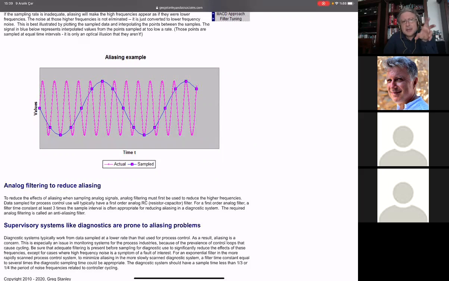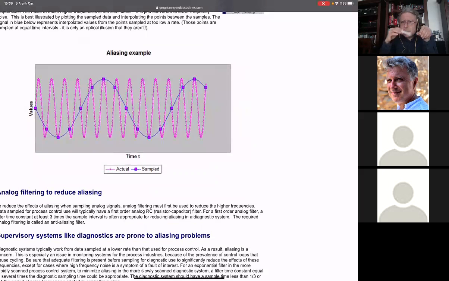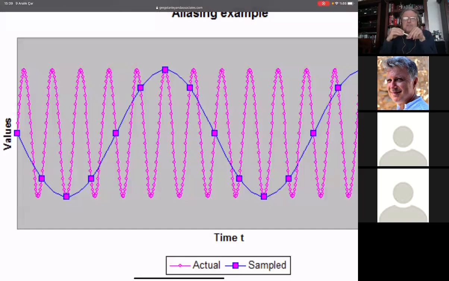Here in this sinusoidal shape, the pink continuous waveform is the continuous time signal. And inside it, there are some dots. Those dots are the sampling points.